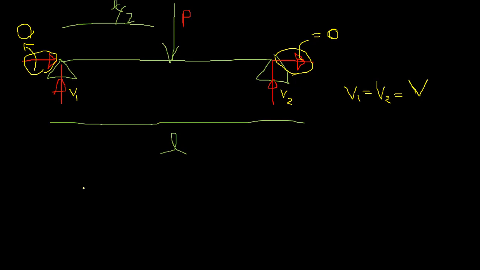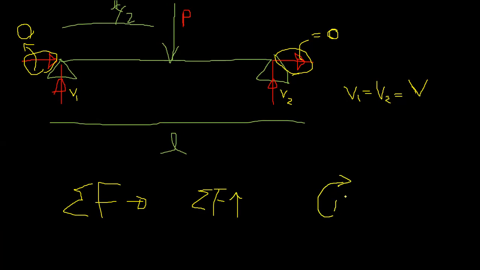If you consider a system in 2D, that means you have 3 equations as well: the summation of forces in x direction, the summation of forces in y direction, and the summation of bending moments about the z axis, right?